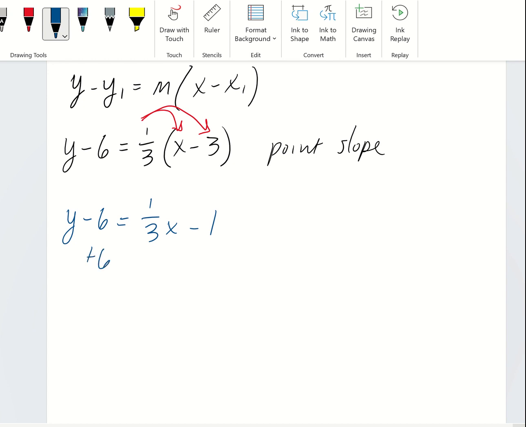And then I'm going to add 6 to both sides. So you get y equals 1/3 x plus 7. Whoops. Be careful with that. It's plus 5. Negative 1 plus 6 is 5. Great. So then I convert to slope-intercept.